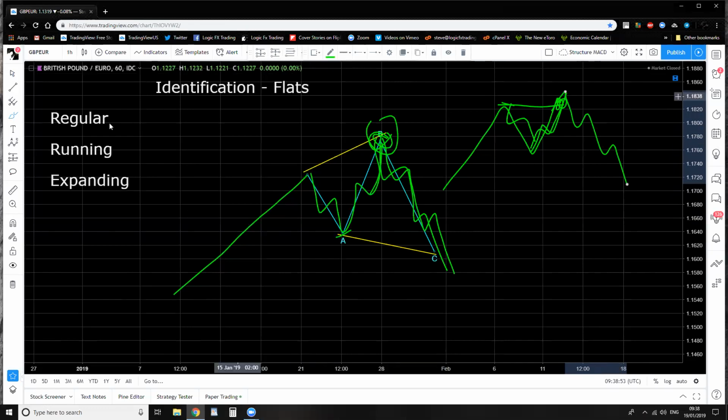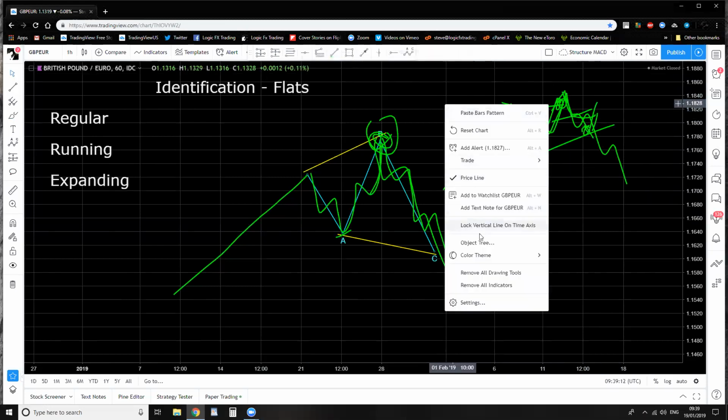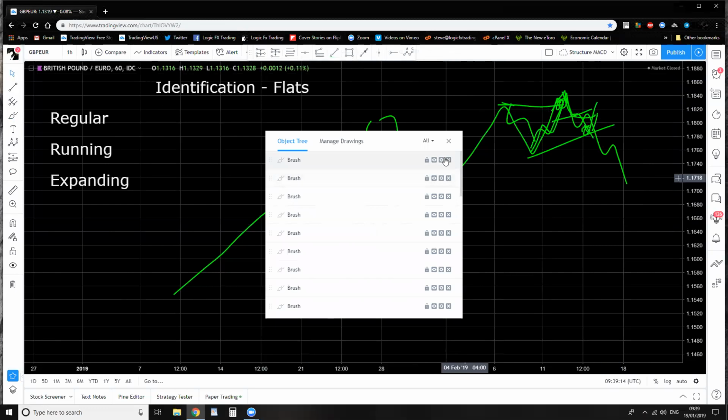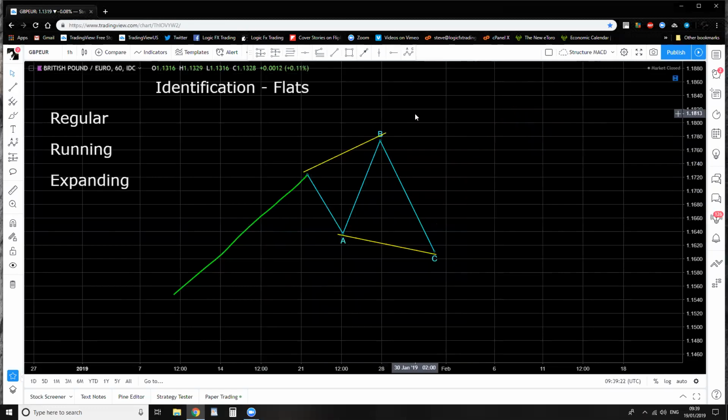Now, sometimes it will be running and therefore it will be truncated, in which case you can get caught out like that, where it turns. But okay, fair enough, not to worry. You have a stop loss, which means that you should be able to protect some of your capital. But we'll talk about how you go about trading these later on. Okay, so there you have the 3 major types of flat correction that Elliott identified, guys.